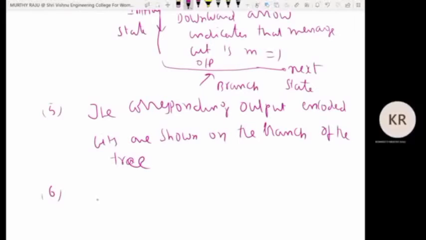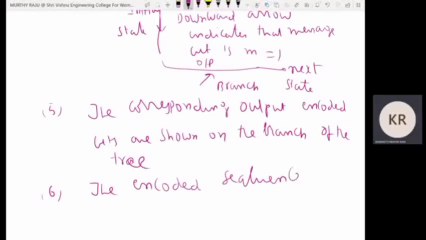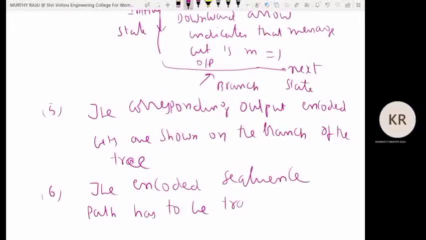Sixth one, the encoded sequence path has to be traced from left to right.